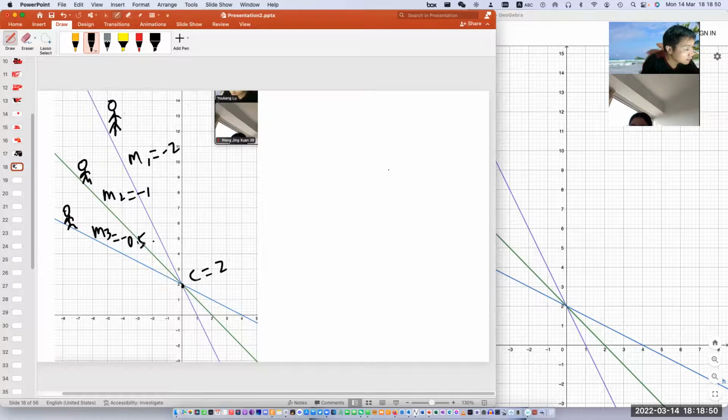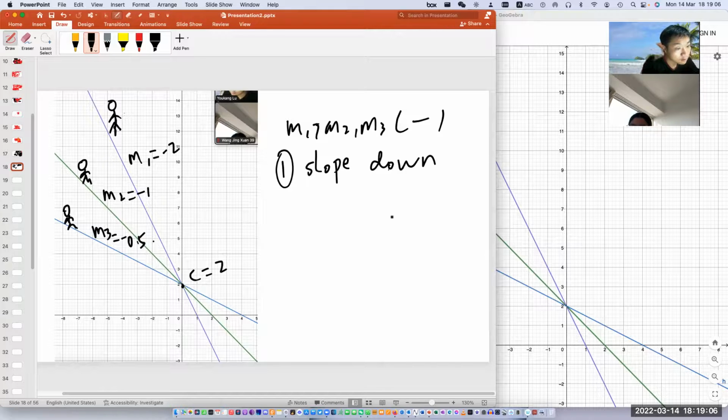Okay. By the way, because the gradient is negative, m1, m2, and m3 are all negative. So first conclusion, slope down or trend down. What's the second conclusion?